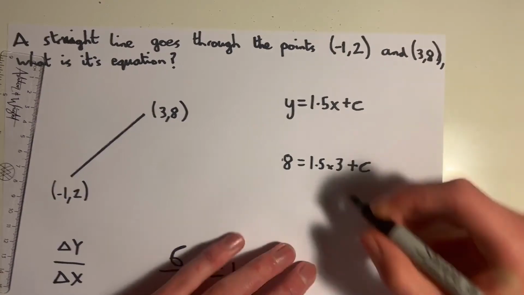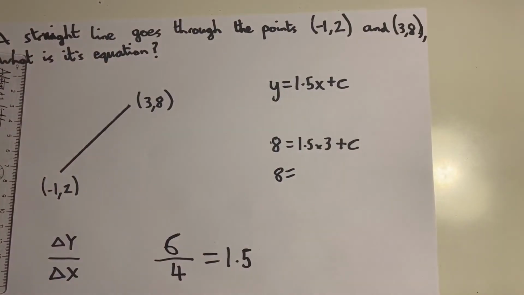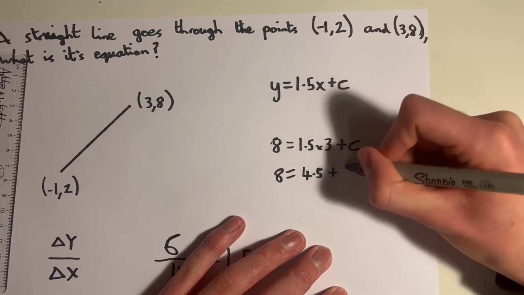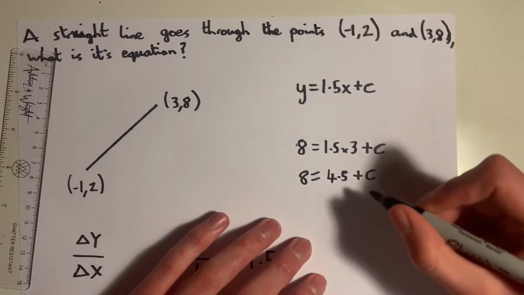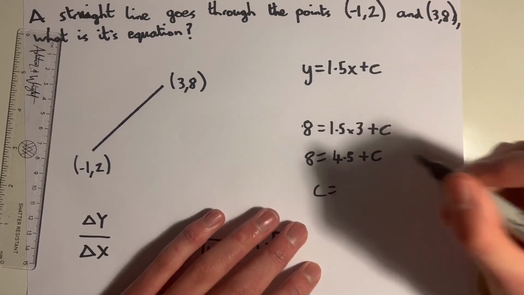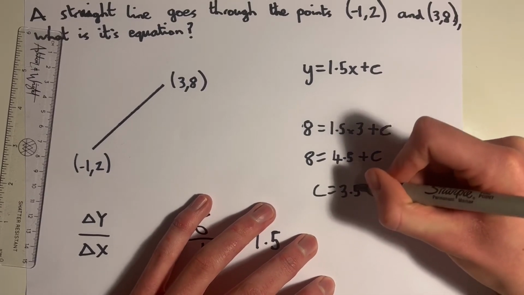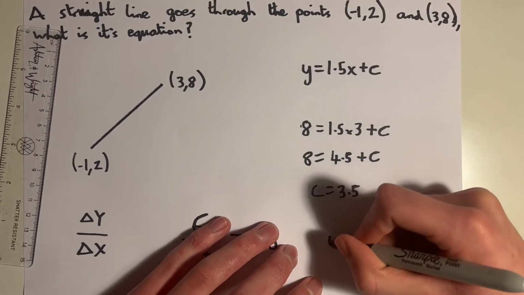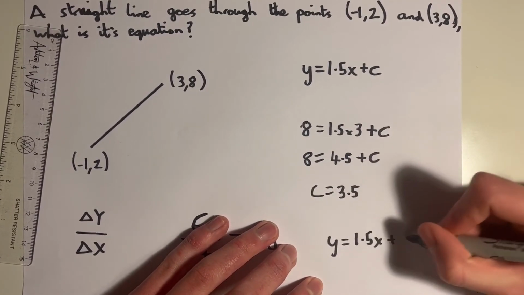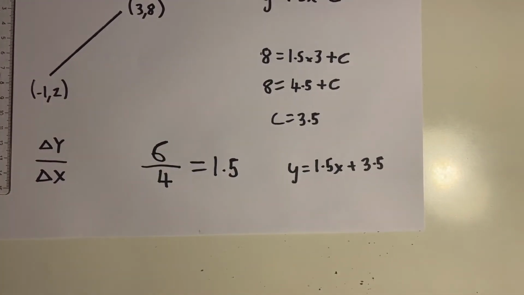And then we can times them together, so it'd be 8 equals 1.5 times 3, which would be 4.5, plus c. And then we can rearrange to get c on its own. So if we minus 4.5 from both sides, it would be c equals 8 minus 4.5, which is 3.5. So now we can sub that back into the equation, so we'll get y equals 1.5x plus 3.5. So yeah, that's how you do a question like that.